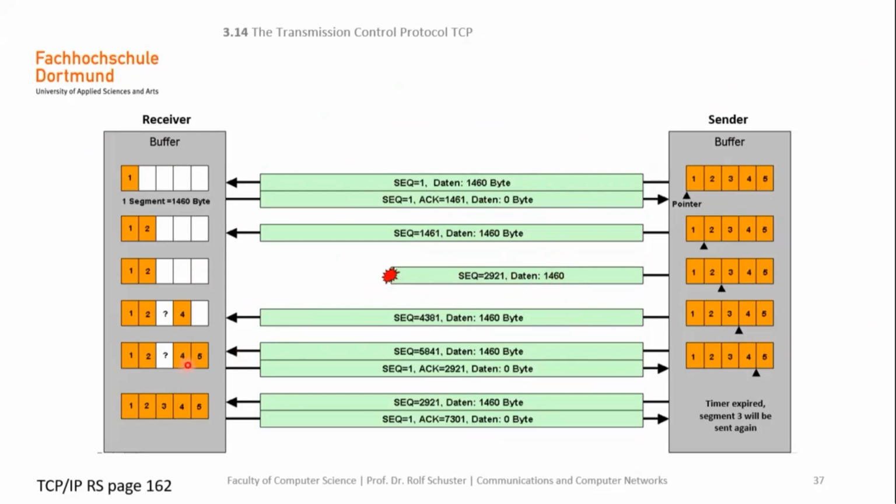Then when we receive, for instance, the fifth segment, we could place this segment in the receiver buffer too, if we receive those data correctly. But in that case we will send an acknowledgement that will not confirm those packets, only confirm those two packets.